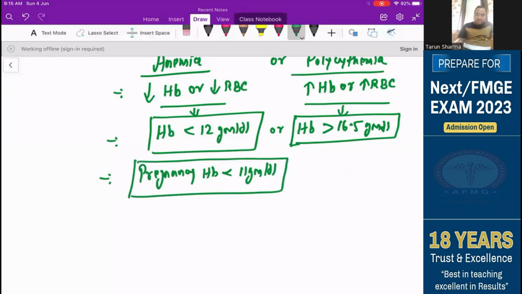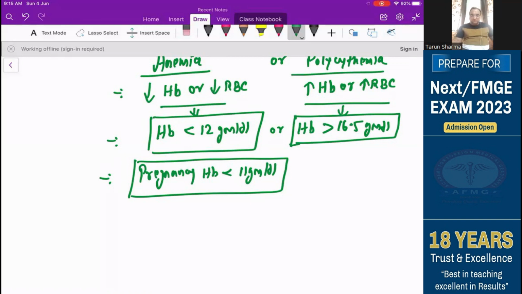This is again an important condition you must remember. Otherwise, for males and females, in both cases, the criteria for anemia remains the same, that is less than 12 gram per deciliter. But whenever they give you a special condition like pregnancy, the criteria will change. That time hemoglobin should be less than 11 gram per deciliter to call it anemia.